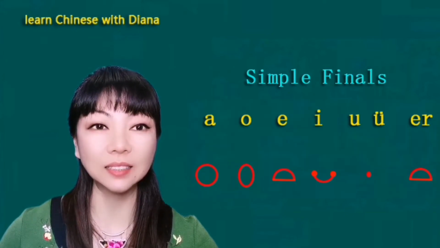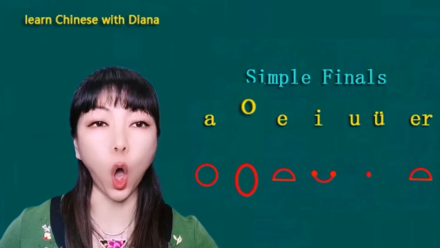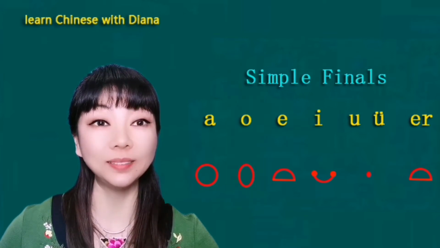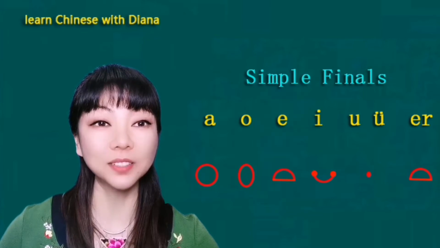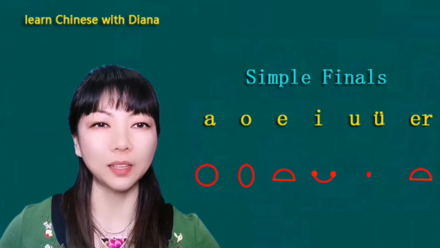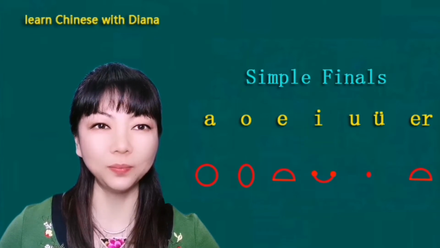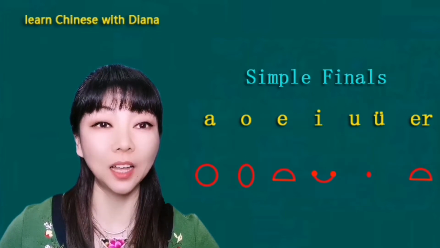A, round shape. Next one. O, ellipse. Next one. Half circle. Next one. E, smile. Next one. U, the shape like kiss.